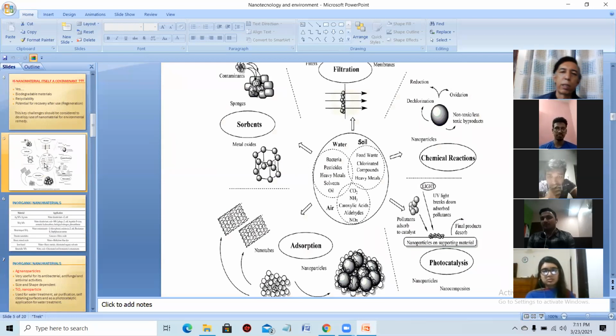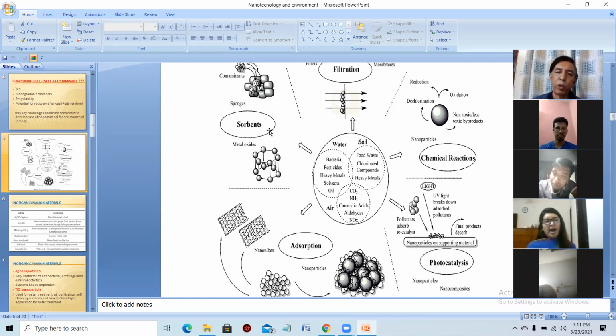So there are different ways of actually separating the pollutants and contaminants from the environment, or from water, or from soil, or from air, by using solvents, or by the adsorption process, by photocatalysts, by chemical reactions, by filtrations.